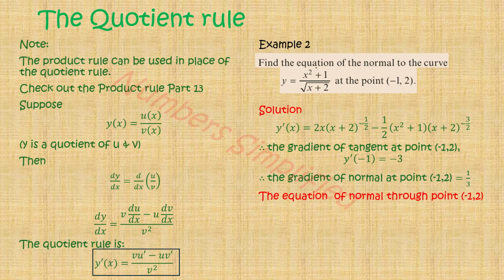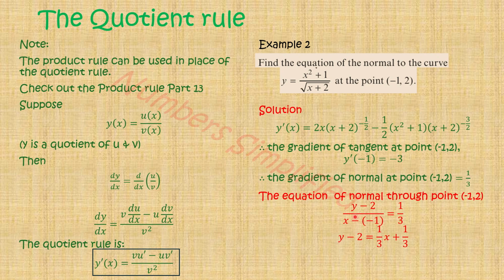Right, so now, since we know that the gradient is change in y over change in x, we are going to have that the change in y, making use of the y coordinate and also the x coordinate, we equate that to the gradient. So with that, we make y the subject of the formula.